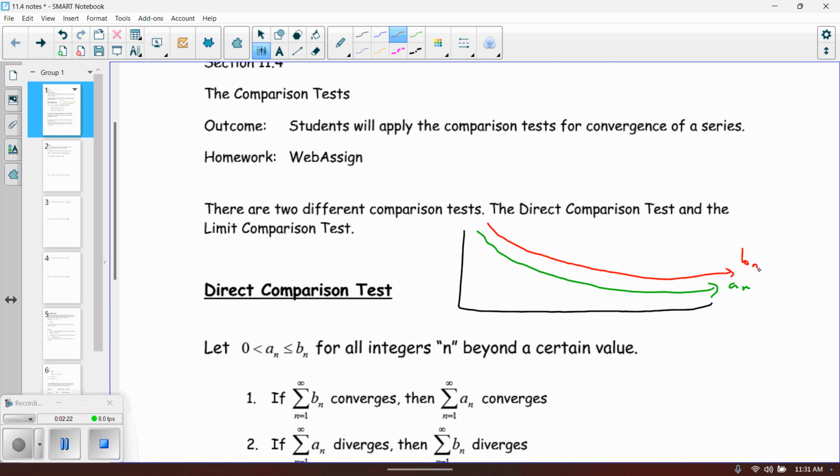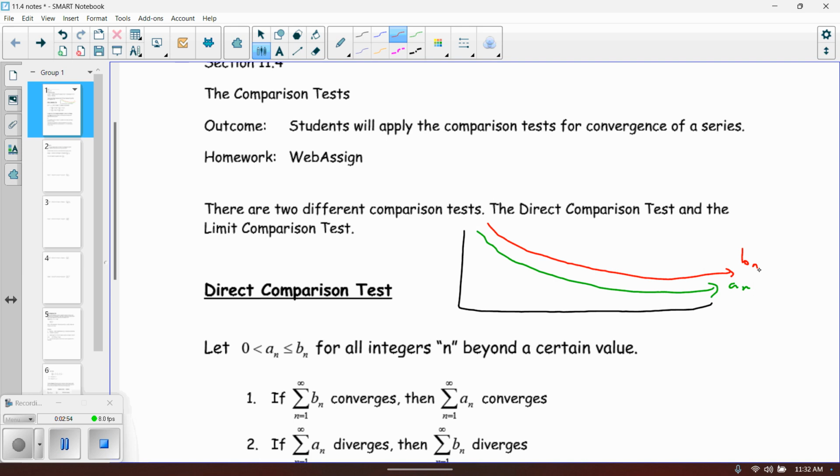If I can find a b sub n that I actually already know is convergent, because if we're saying that the red one, b sub n, goes to 0 fast enough that it can find a sum, well, anything else that is already approaching 0 at a faster rate, or by looking at it graphically, is less than the b sub n, it has to approach 0 fast enough, because if b sub n already approaches it fast enough, then anything that's less than that's going to approach it even faster.